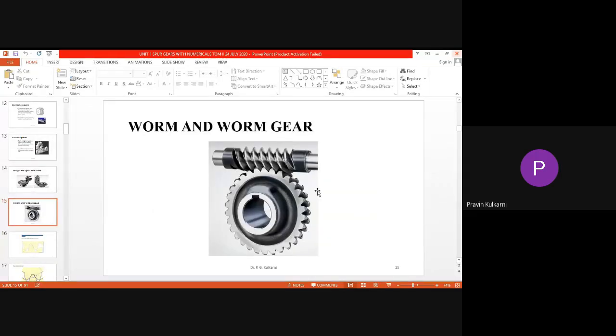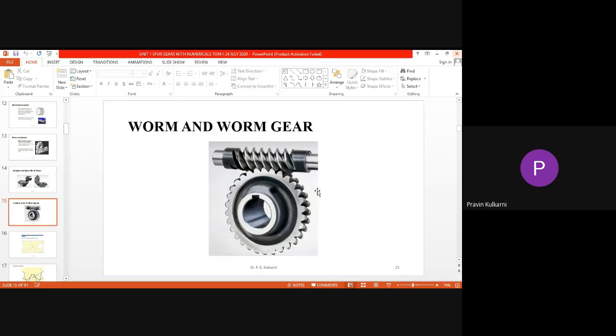In case of worm gear, the axes are perpendicular and non-intersecting. High reduction is possible in case of worm gears. The driver is worm, driven is wheel.